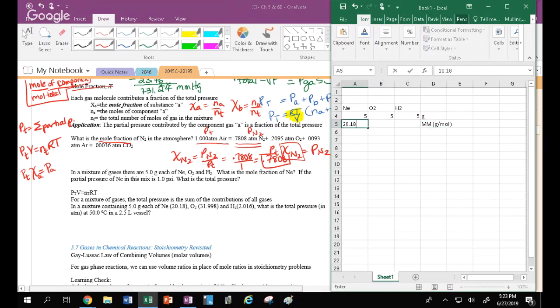All right, we got oxygen, which is 2 oxygen atoms. And we've got hydrogen gas, which is 2 hydrogens. And so I know the molar mass. So I can find the moles easily enough by taking my mass and dividing it by my molar mass.